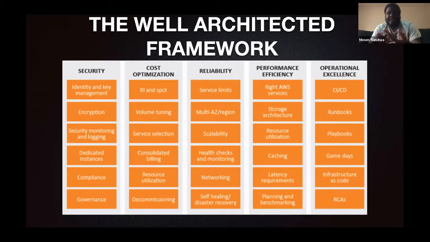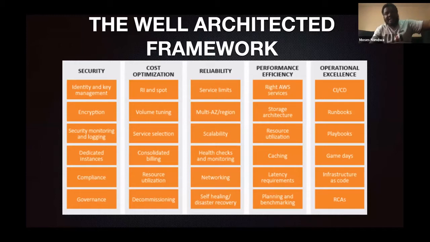The fourth pillar is performance efficiency. This is basically improving how your app performs. So one, are you using the right services? If we talk about VMs, and you're doing compute intensive tasks, are you using VMs that are optimized for compute, or VMs that are optimized for storage?